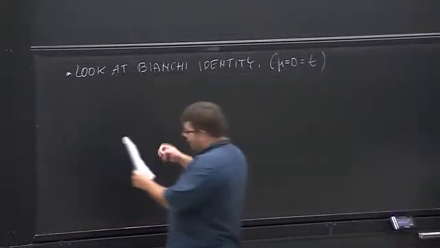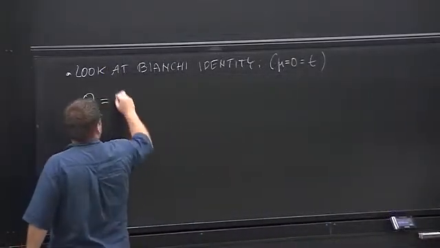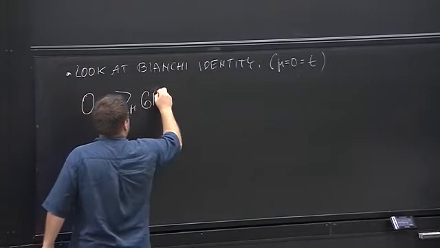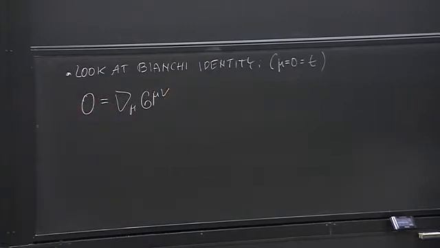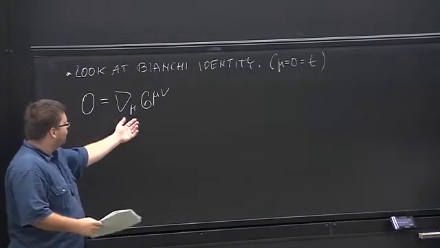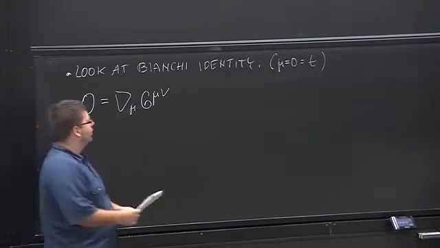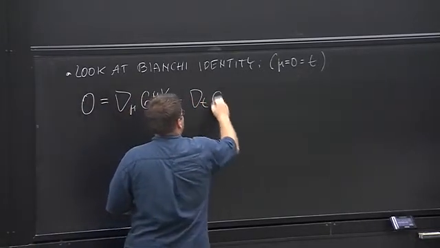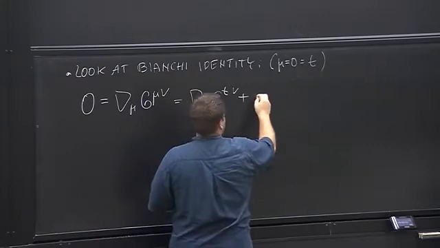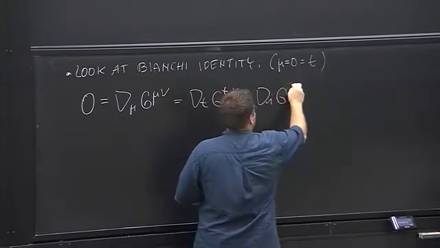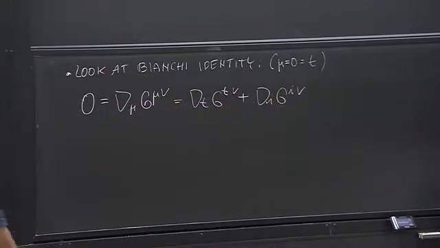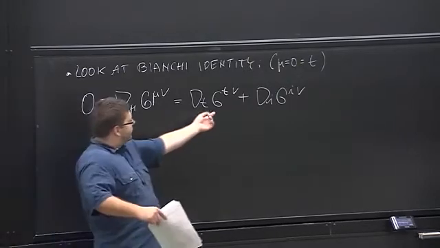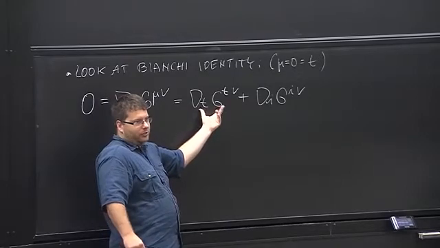So now my Bianchi identity is 0 equals nabla mu G mu nu. Now I can choose mu equal to t, and so we'll have nabla t G t nu plus nabla i G i nu. Then I can expand this in terms of the partial derivative and the Christoffel symbols.